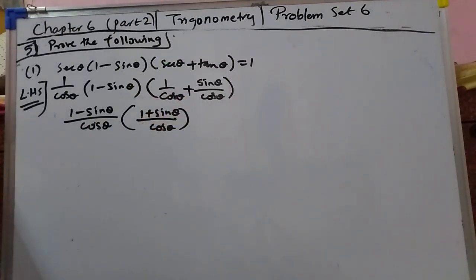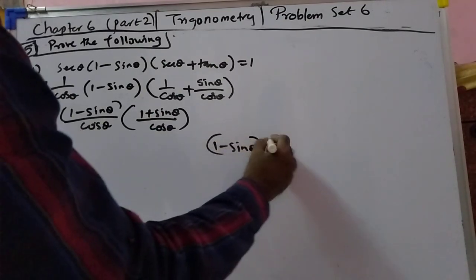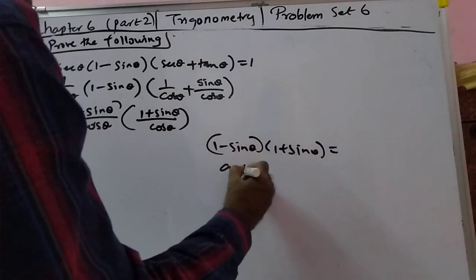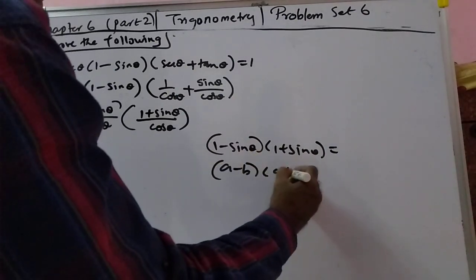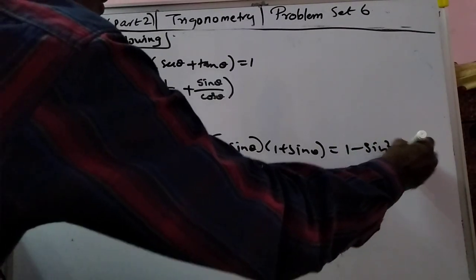Now this 1 minus sin theta, 1 plus sin theta is equal to the formula a minus b, a plus b is equal to a square minus b square. So it will become 1 minus sin square theta.